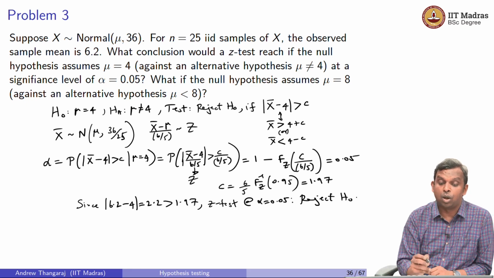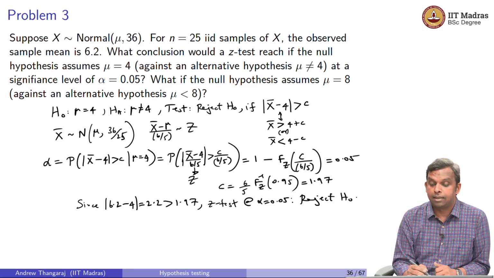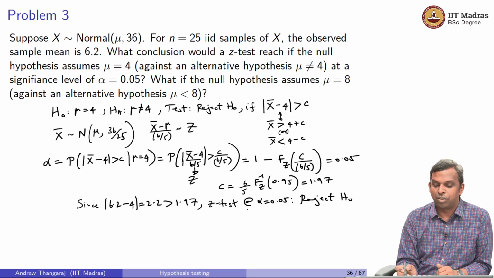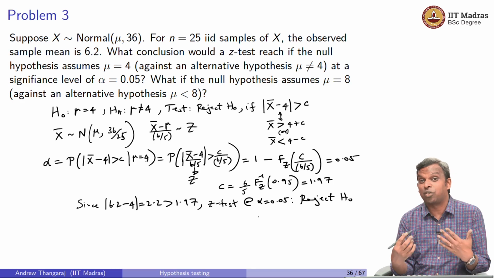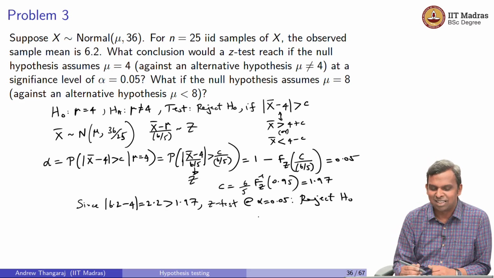So the mean is not 4, maybe something not equal to 4, given that the sample mean was 6.2 at a significance level of 0.05. These are the sort of results you will get from hypothesis testing. You have to get used to how these results sound.